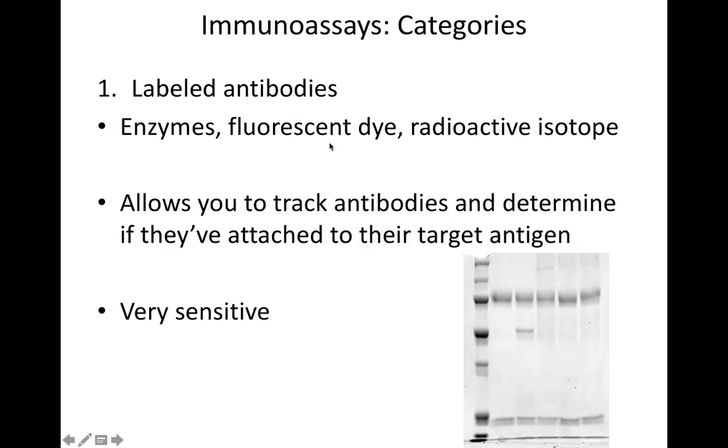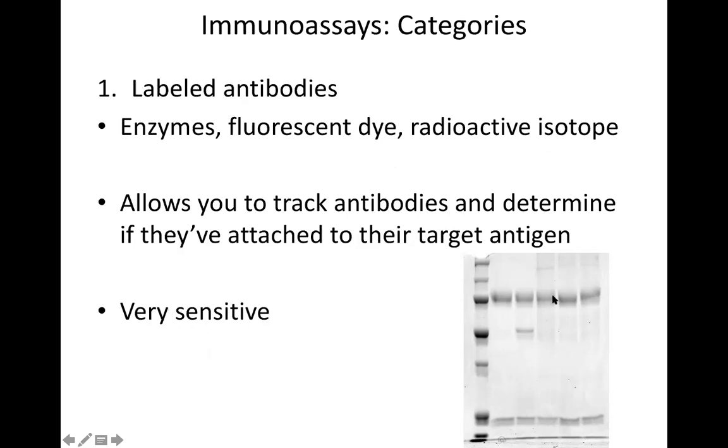We actually have fluorescent dyes, so if you want to see some cool pictures, look up fluorescent histochemistry. And we have radioactive isotopes that we can detect. It's basically like taking an X-ray image. What these do is they allow you to track the antibodies and determine if they've attached to your target antigen. And they are very sensitive.